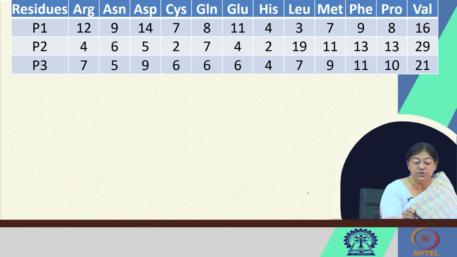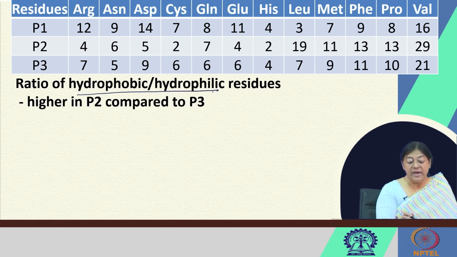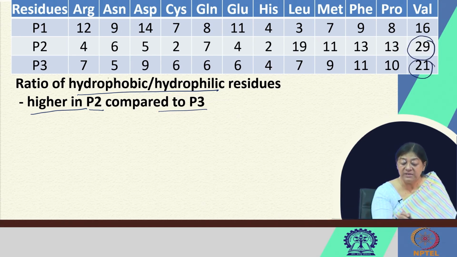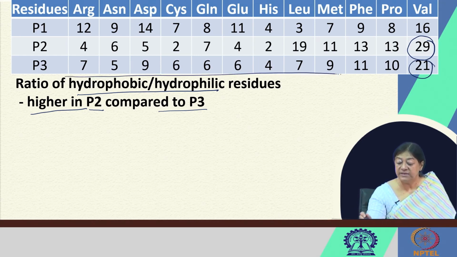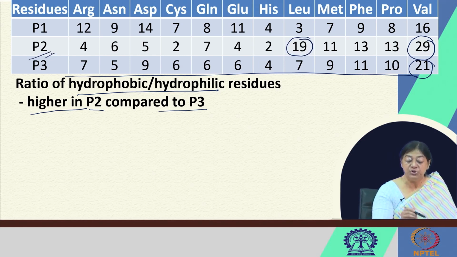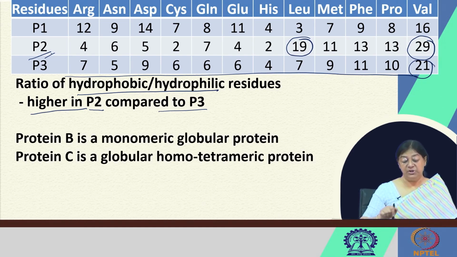When we look at the residues again for a ratio of hydrophobic to hydrophilic residues, we see that there is a higher ratio in P2 compared to P3. Why? Because we see 29 here. We see 21 here also, but if we look at the overall setting here, we see 19 here for P3, which means that there is a higher hydrophobic to hydrophilic ratio for P2 compared to P3.